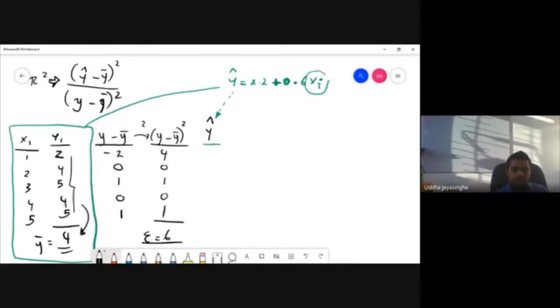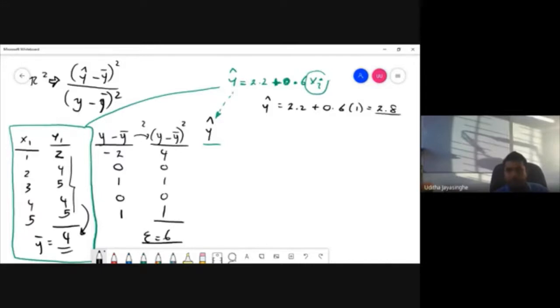One example would be for the x value of 1, y hat is going to be 2.8. How come? Y hat is going to be 2.2 plus 0.6, which is 2.8.